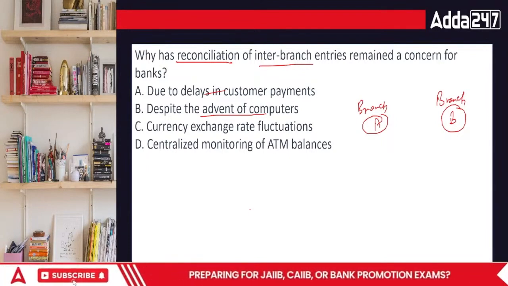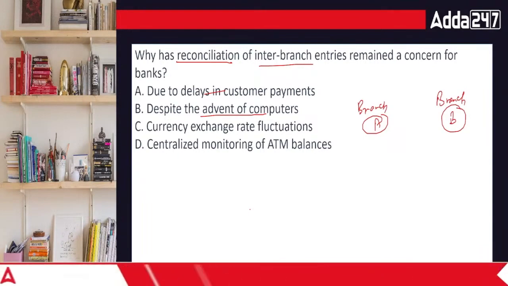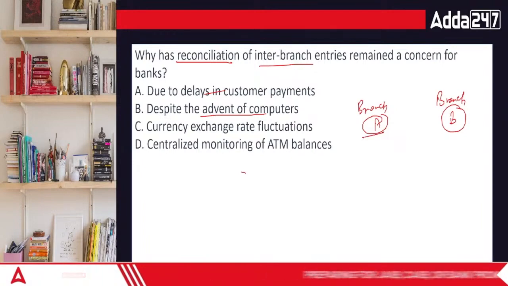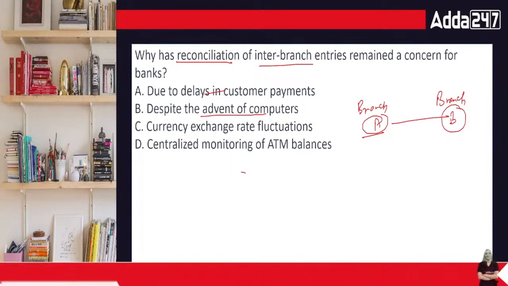When we talk about centralized monitoring, what do we cover in this? Under centralized monitoring, we are saying that all the ATMs of that same bank will be synchronized in such a way that if I take money out from branch A and I have my account in branch B, the entire information is given to them immediately.